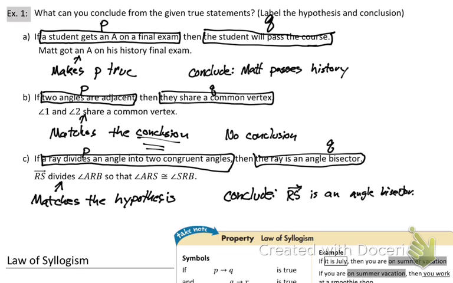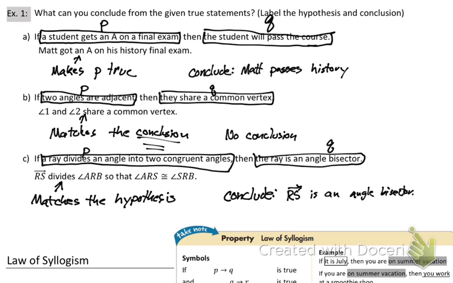All of a sudden, Matt actually gets an A on his history final. That means he will pass the course. So I can use my first hypothesis to end with the conclusion. Now if it's concrete and Matt gets an A, that means he passed the course.